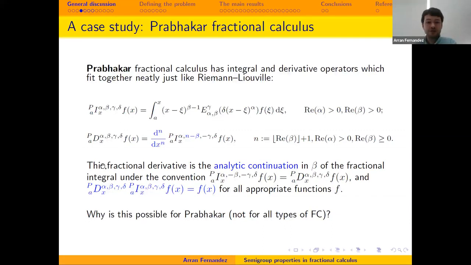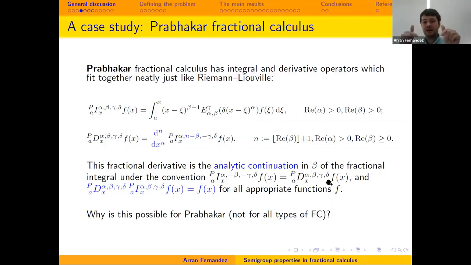Well, the fractional derivative is the analytic continuation in beta. In the original thing, we assume that real part of beta is positive for the fractional integral. So we do analytic continuation from that right half plane to the left half plane, under the convention that the integral to order alpha, minus beta, minus gamma, delta is the derivative to order alpha, beta, gamma, delta.